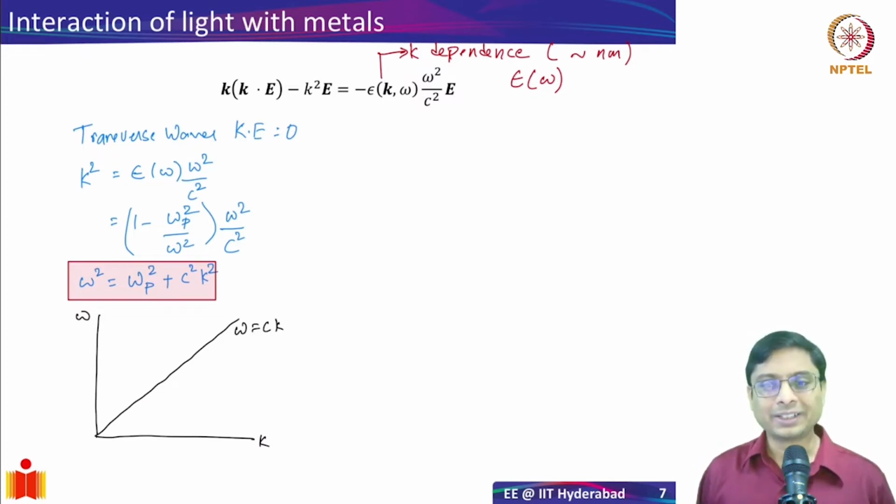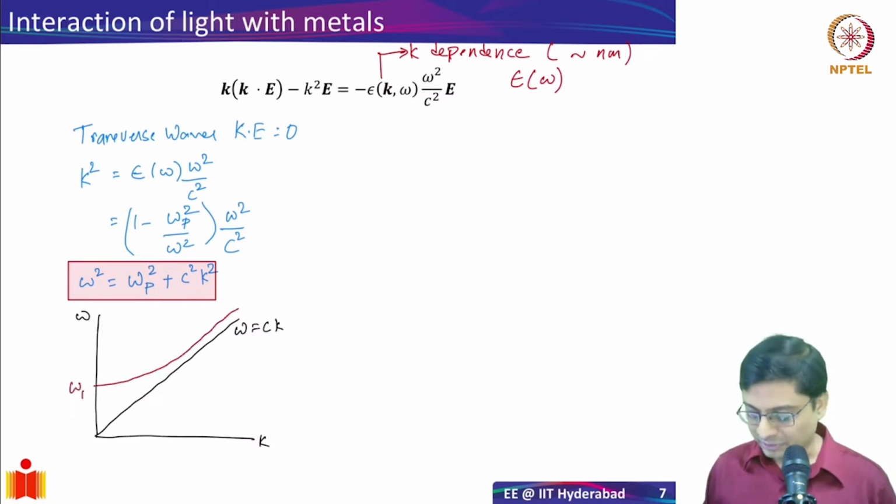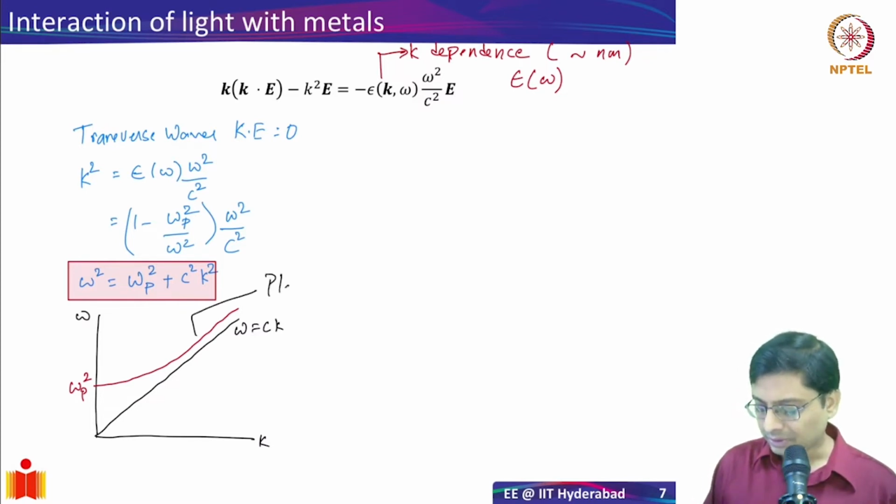And how is it modified? At k equal to 0, omega doesn't go to 0, but it becomes omega p. So if you plot this relation, it will effectively turn out to be something like this. This is my omega p square. What it means is that this essentially is what we call the plasmon dispersion. Here, this I'll call plasmon dispersion.